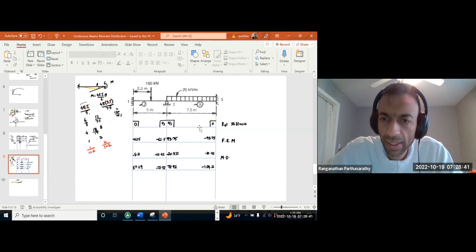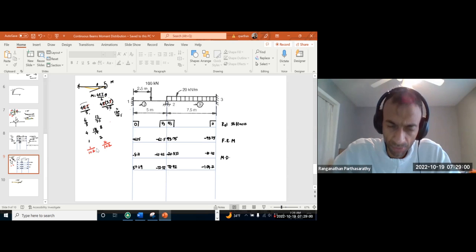So in the first step, we got the absolute stiffnesses of the spans at this joint. For rotation at this joint, what is the stiffness of the left span? What is the stiffness of the right span? Then we reduce that to fractions that add up to 1. So 1/3 and 2/3.